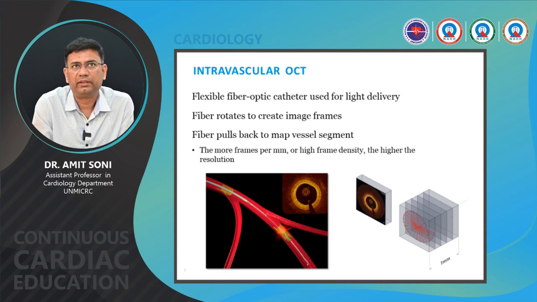Intravascular OCT uses a flexible fiber optic catheter for light delivery, and the fiber rotates to create the image frames. The fiber pulls back to map the vessel segment. The more frames per millimeter, or the higher the frame density, the higher the resolution.